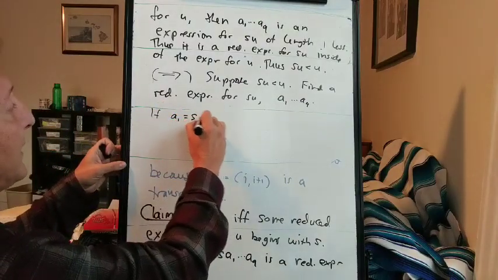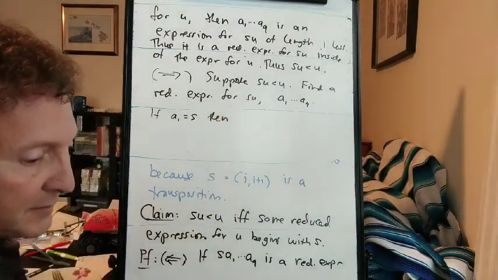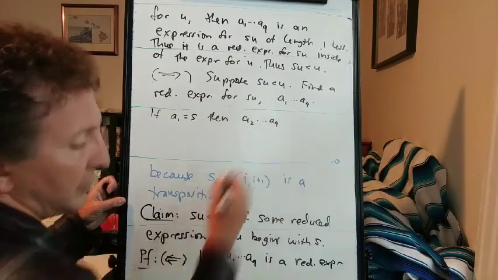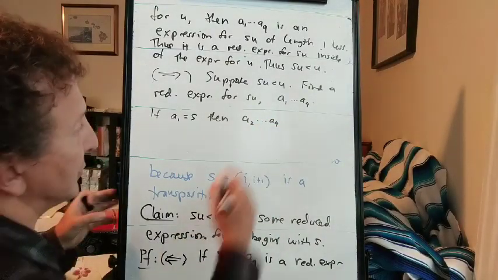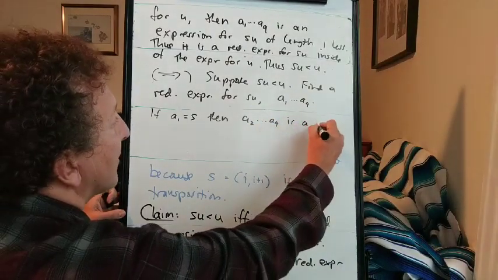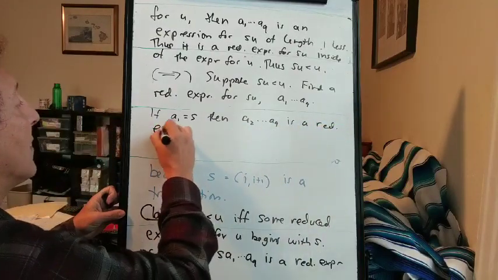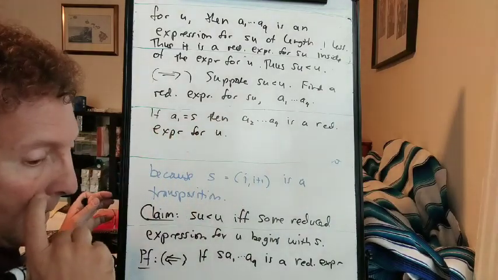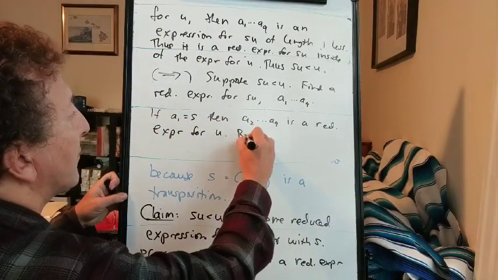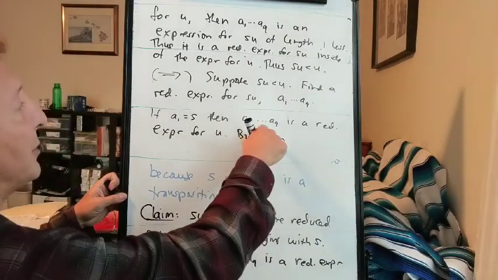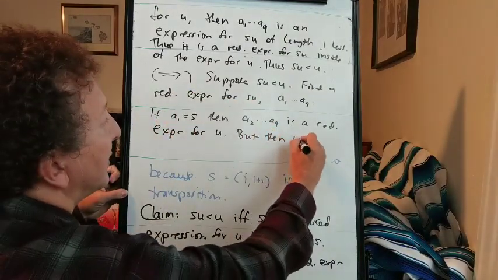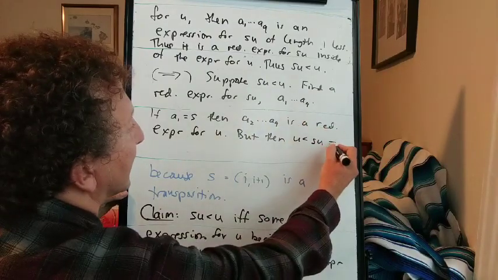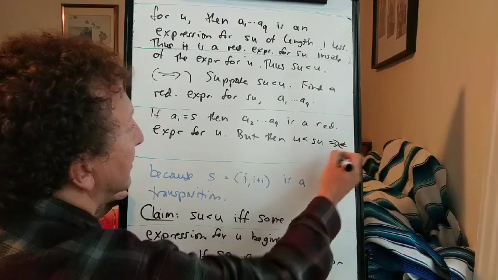If A1 equals S, then A2 through AQ is a reduced expression for U. But then that expression is inside the one we started with, which means that U is less than SU, which is a contradiction to what we assumed.